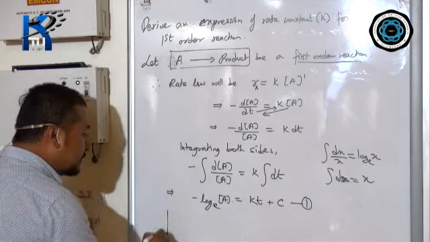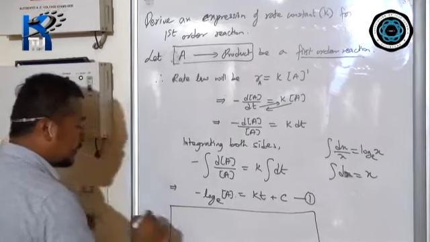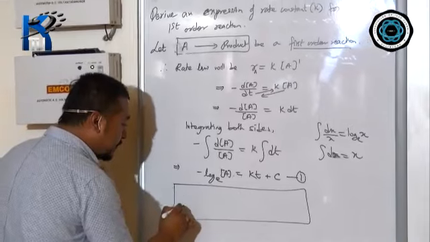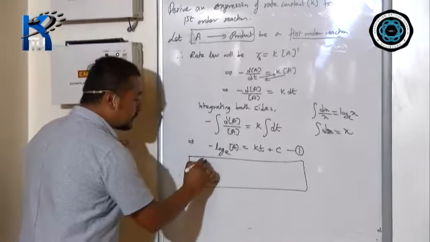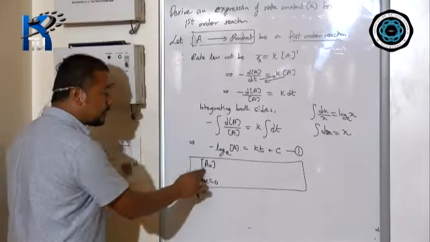To find the value of c, you need to consider this way. Suppose when time had not passed, that is when time was 0, let the concentration be A0, the initial concentration of the reactant.